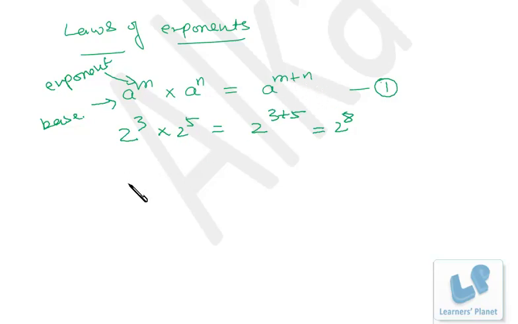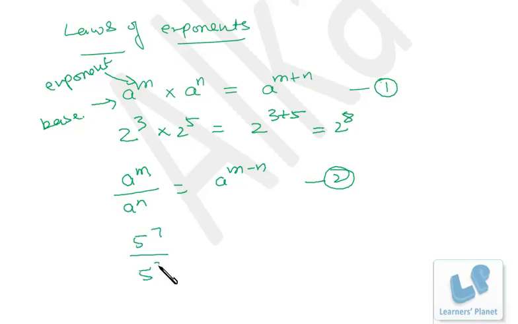Next is if a raised to m by a raised to n, it will be a raised to m minus n. Okay? Now suppose we have 5 raised to 7 by 5 cube, it will be 5 raised to 7 minus 3, that is 5 raised to 4.